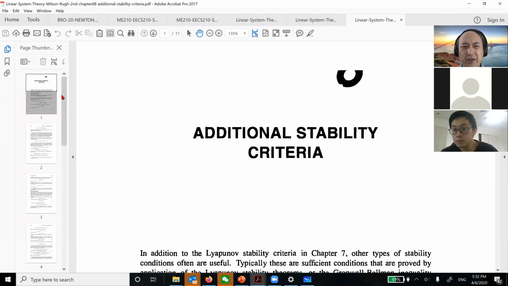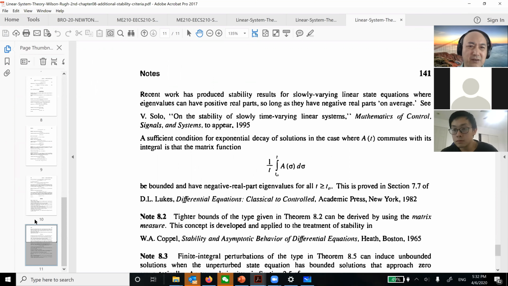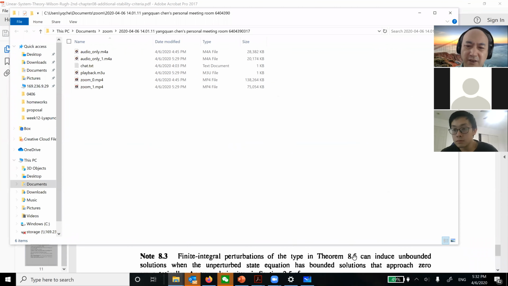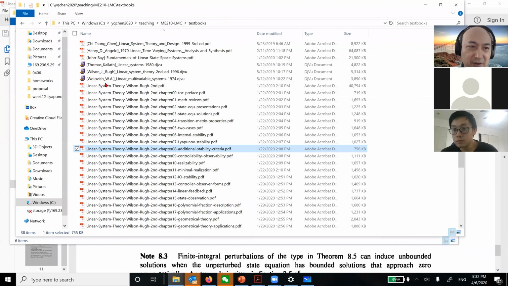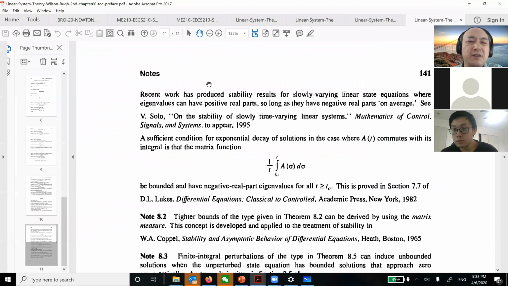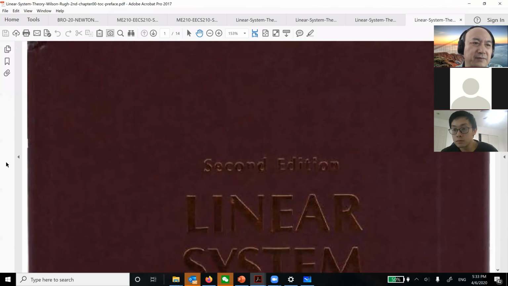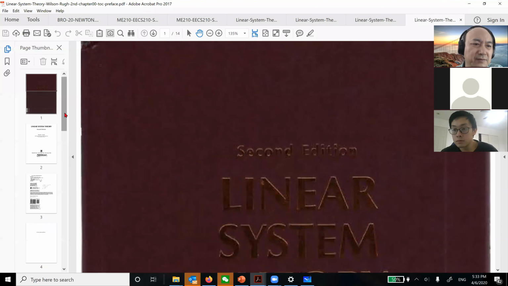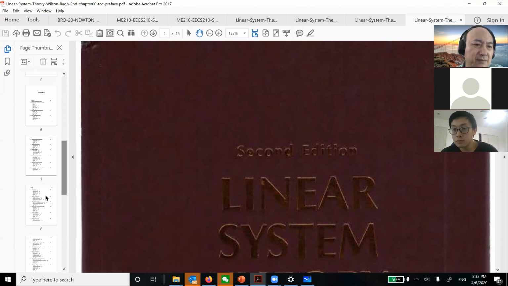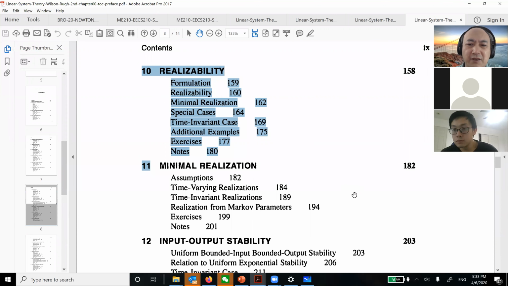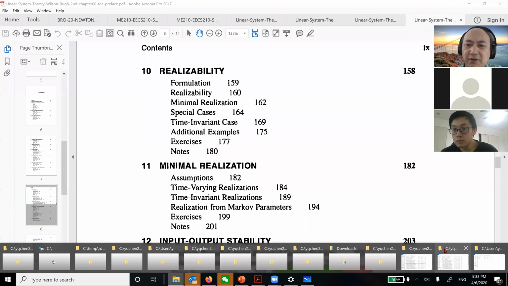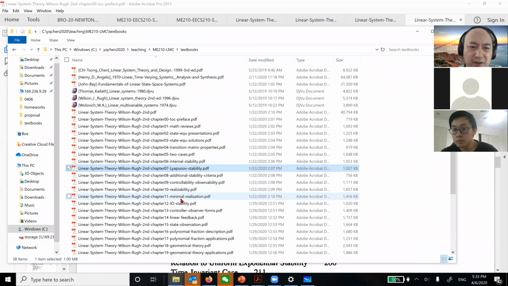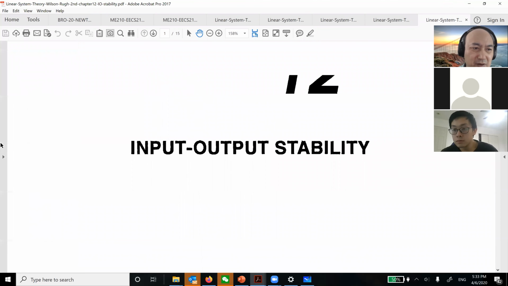I think the stability arrangement in the textbook is different from the order of our presentation here. What is 208? Let me see the table of contents. 208 is chapter 12, IO stability. Sorry, I got confused with internal stability. IO stability here, 208.